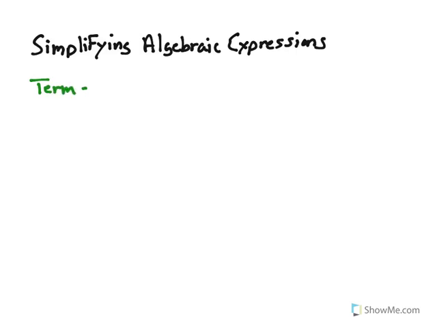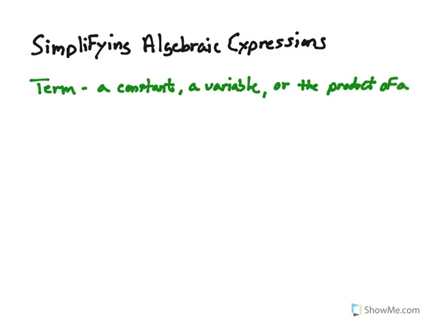A term is basically a constant, which is just a number, or it can be a variable, or the product of a constant and a variable.